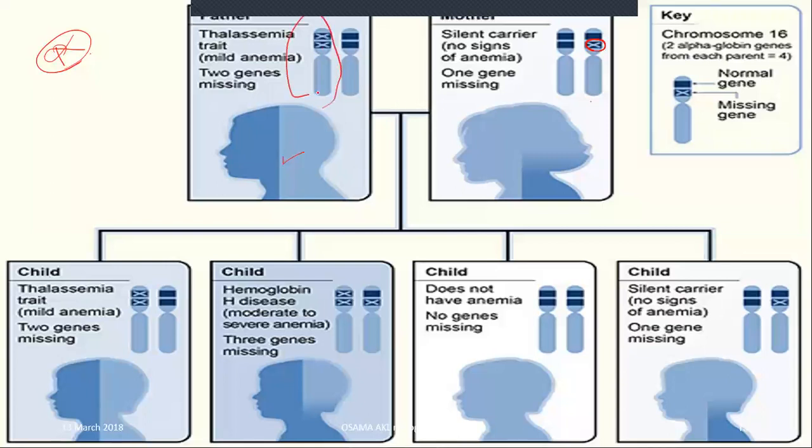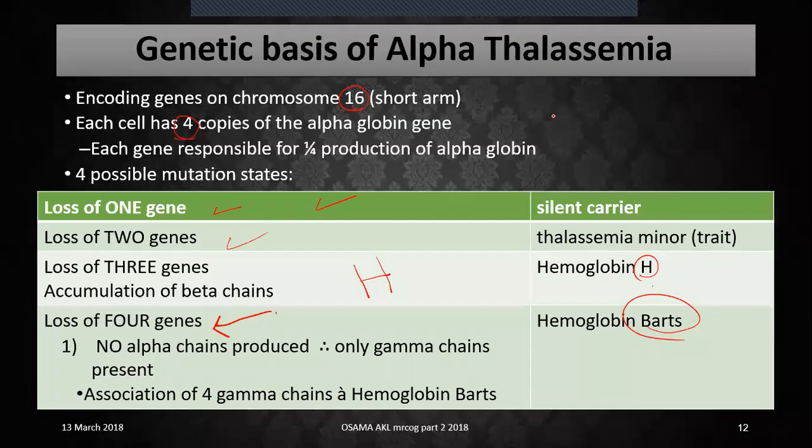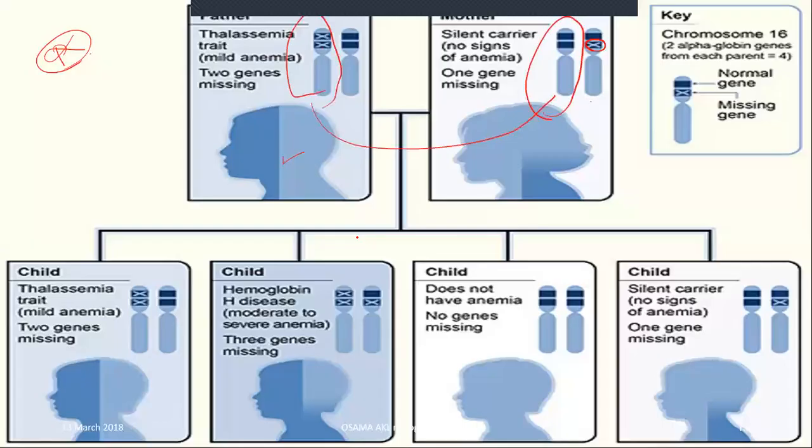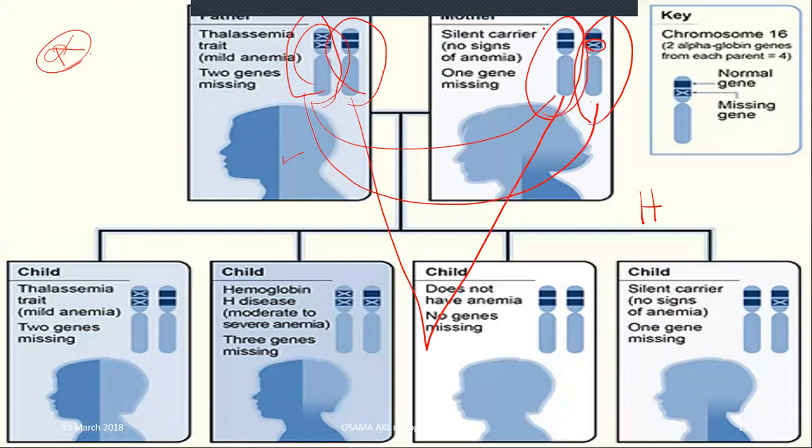This chromosome may take this chromosome, so 2 genes will also be affected. We call this thalassemia minor, thalassemia trait. And this one may take this one, so we now have 3 genes affected, 1, 2, 3. It's hemoglobin H. And it may be that this chromosome attaches to this chromosome, a completely healthy person. And this chromosome may be attached to this chromosome, a silent carrier.